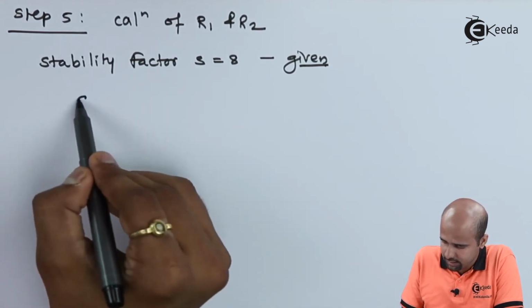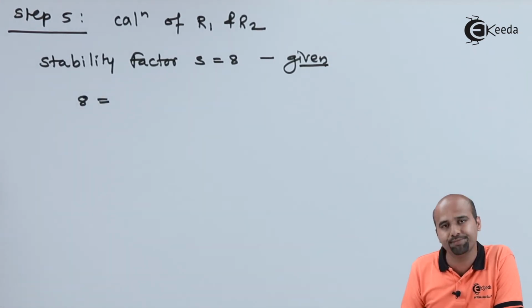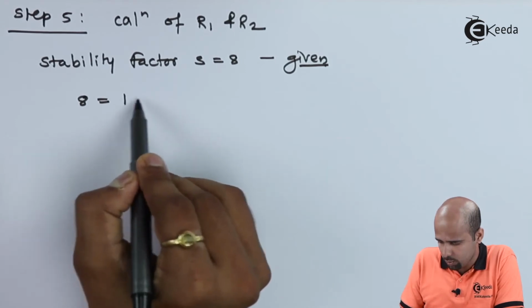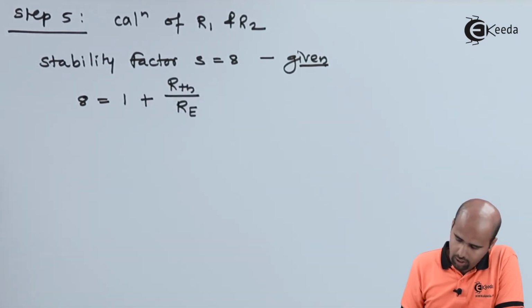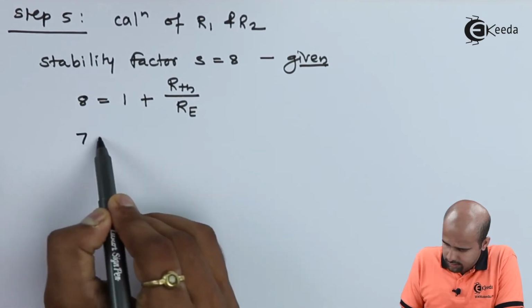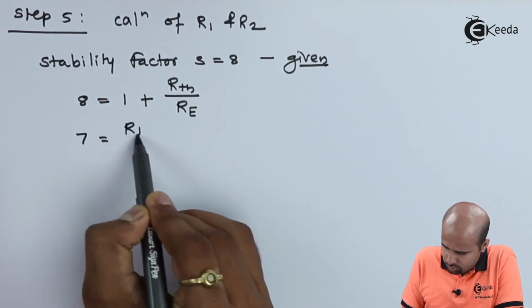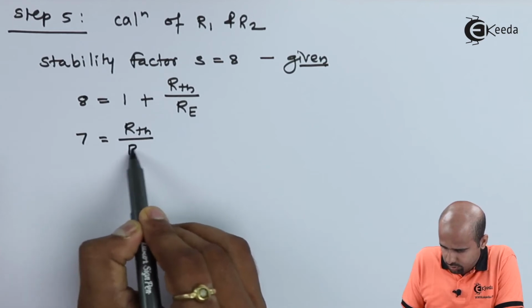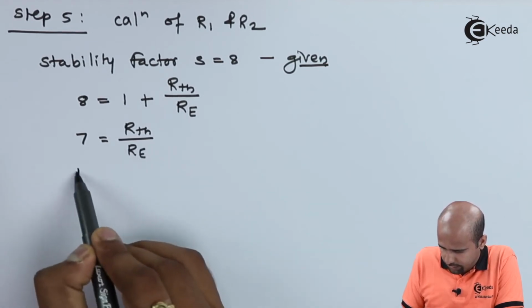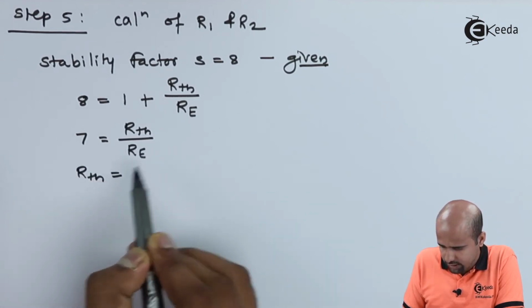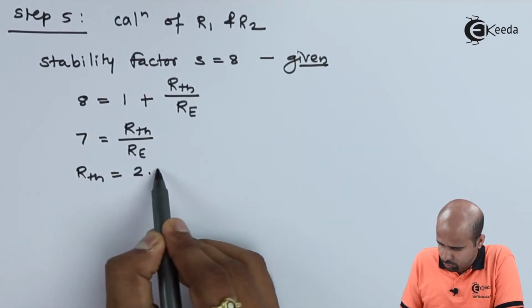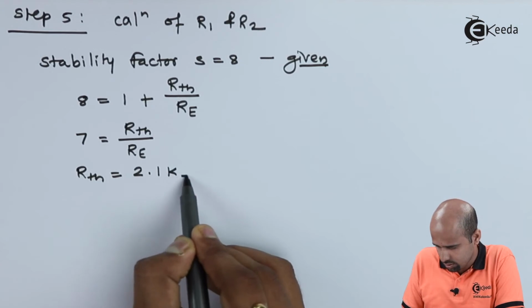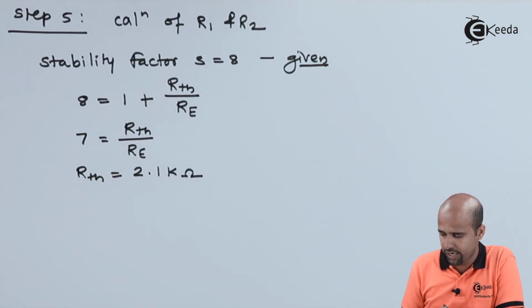Then 8 is equal to 1 plus RTH upon RE. So 7 is equal to RTH upon RE. You can get the value of RTH very easily: 7 multiplied by RE comes out to be 2.1 kilo ohm. So RTH is equal to 2.1 kilo ohm.